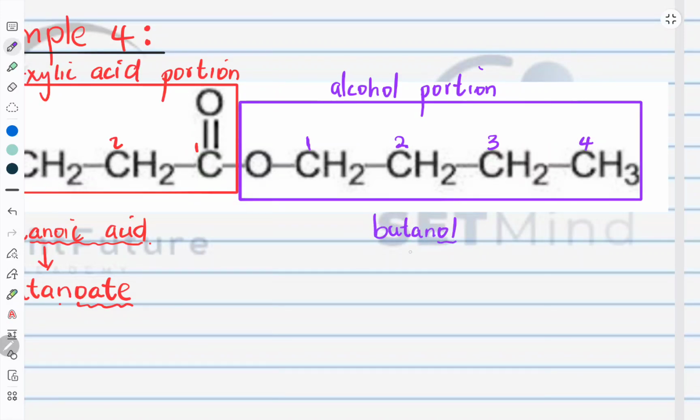All right, and then since we must name it the same way we name alkyl groups, we will call it butyl. Okay, that's our new thing there.